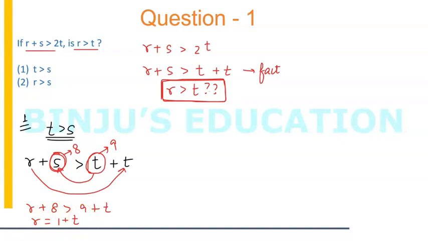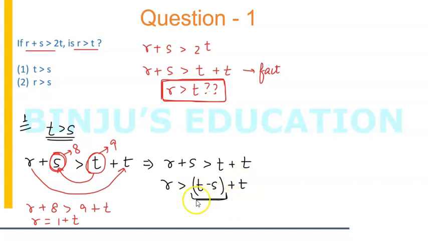Or in other words, you could have also solved this question in a way that if r plus s is greater than t plus t, then r will be greater than t minus s plus t. Now what is t minus s? Since t is greater than s, this number has to be a positive number.